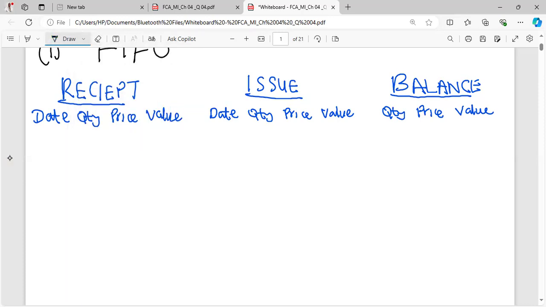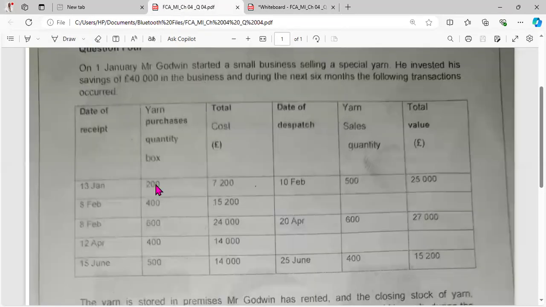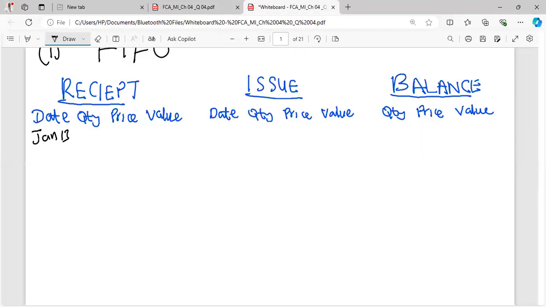We were told he got 200, and it's totaling 7,200. So the quantity here is 200, and the value is 7,200.